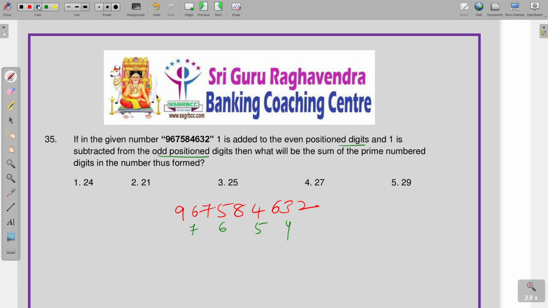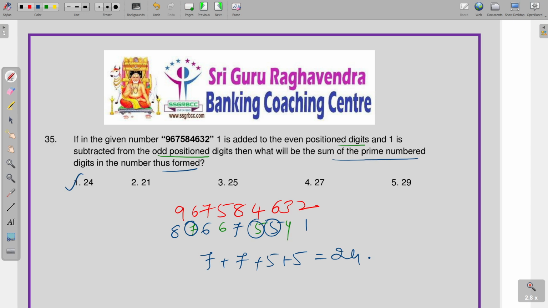And 1 is subtracted from the odd positions: 8, 6, 7, 5, and 1. What will be the sum of the prime digits in the number thus formed? So, we have to sum the prime number digits. 7 is a prime number, 7 plus 5 plus 5, so totally 24 is the answer.